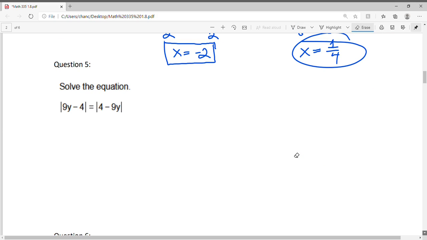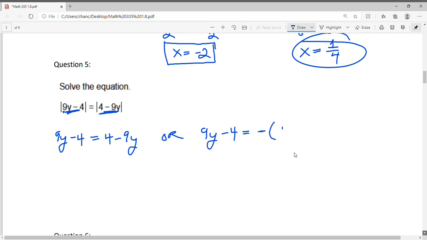In question 5, I have two absolute values here, so there's actually two possibilities. One case is if the insides are exactly the same, well then they'll be equal to each other. Or there's another possibility, if one of them is just the negative version of the other, then that would also make the absolute value true.